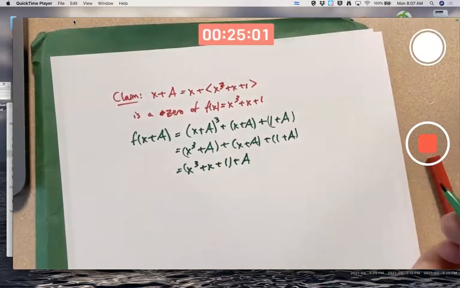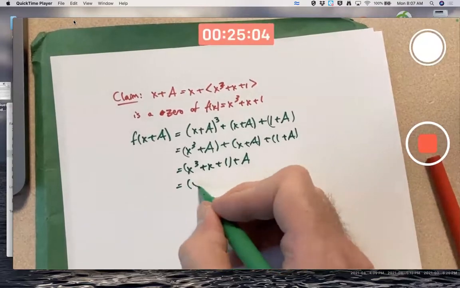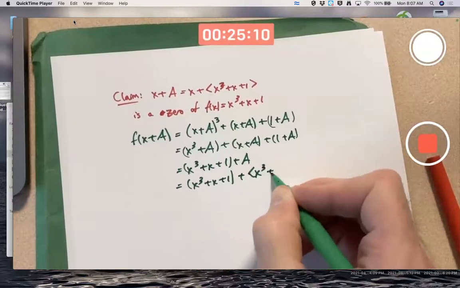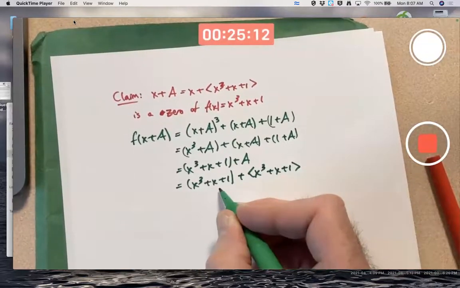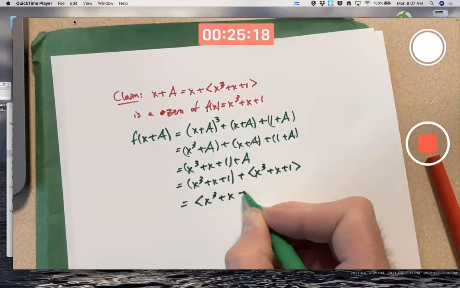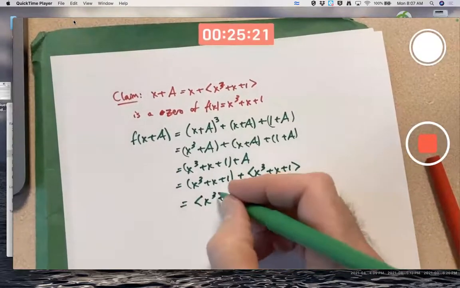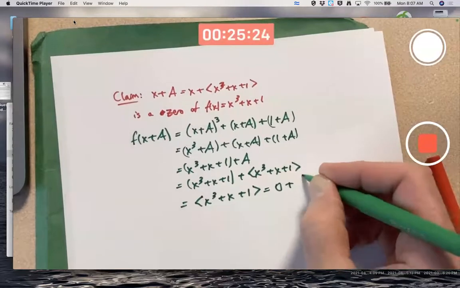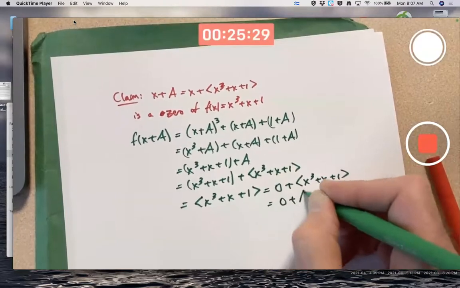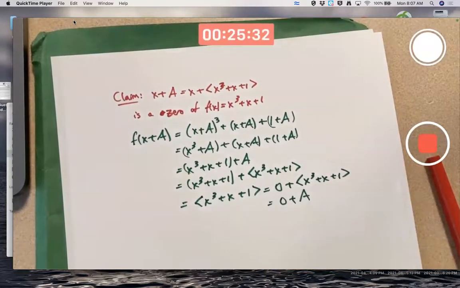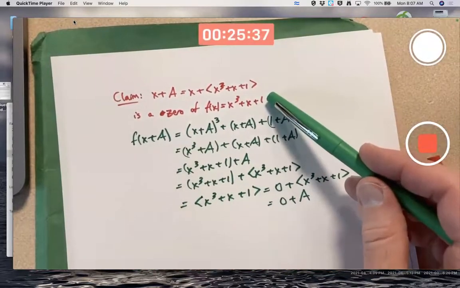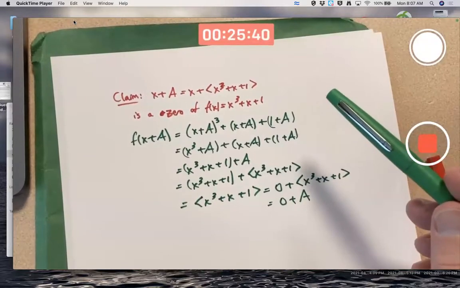But hey, a is generated by x cubed plus x plus 1. Giant sucking sound. This is the same as the ideal itself. It's the 0. That does it. That proves x plus a is a 0 of this polynomial when interpreted correctly in this field.